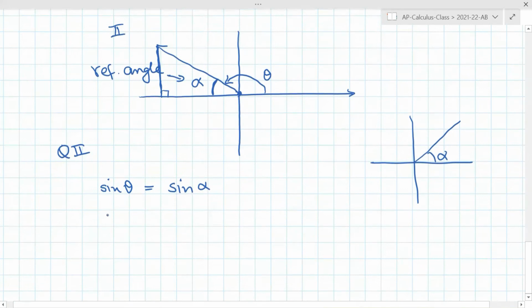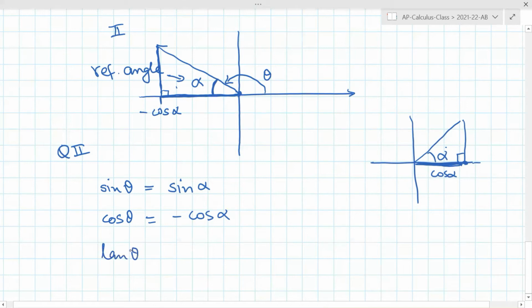And what is cosine theta here? This would be cosine alpha, right? But we are here in the second quadrant. So what is this point on the x-axis? This triangle is the same as that triangle, just flipped. So this is negative cosine alpha. This means cosine theta equals negative cosine alpha.